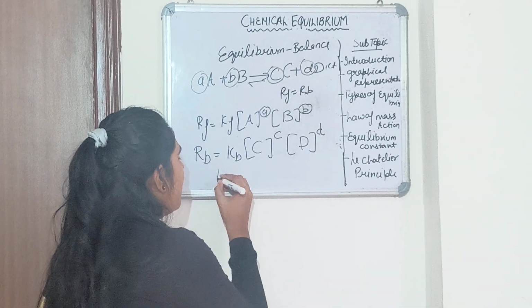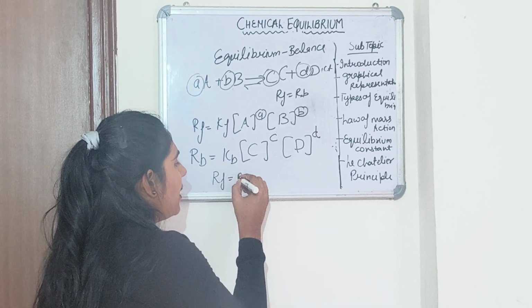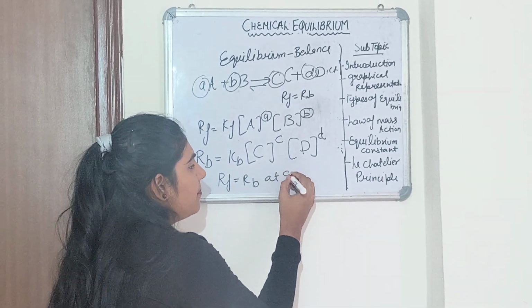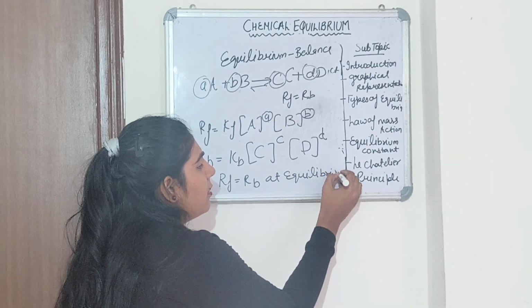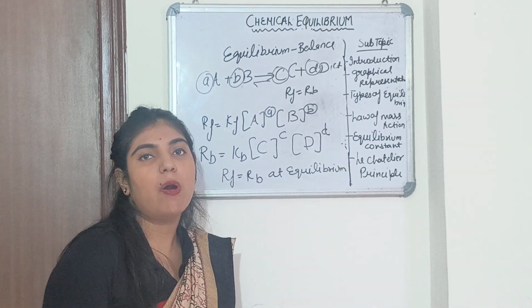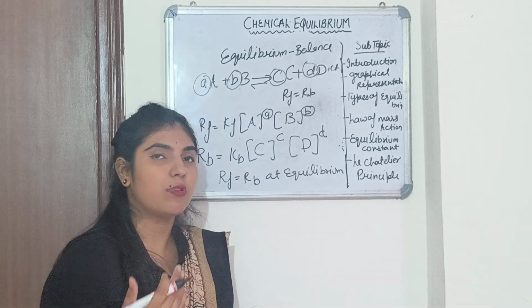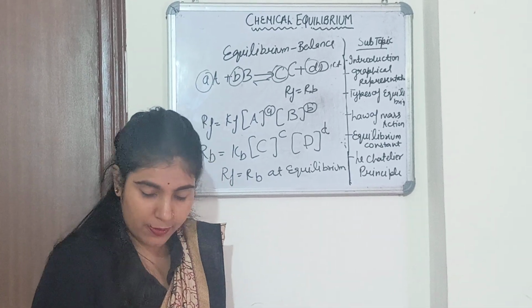Now we can say that RF is equal to RB at equilibrium. The amount of reactant formed is equal to the amount of product formed.